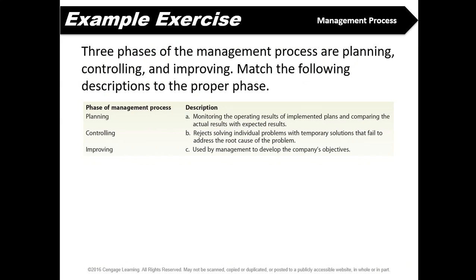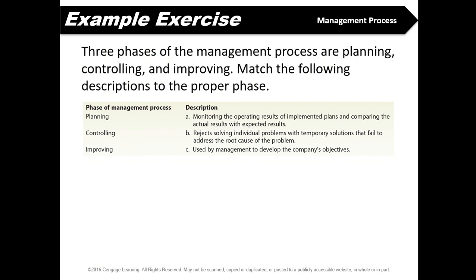Let's start with the description. A, monitoring the operating results of our plans and comparing actual with expected results. B is rejecting solving individual problems with temporary solutions that fail to address the root cause of the problem.